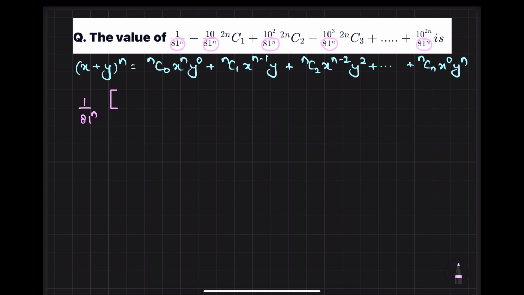Now look at this. First entity is 1 and second entity is minus, and then we have 10. Correct?